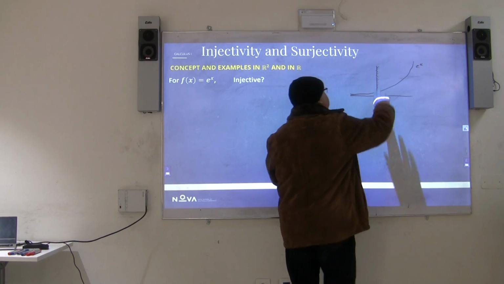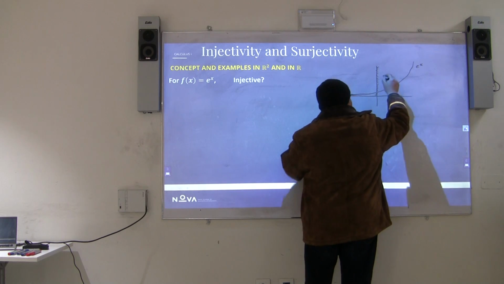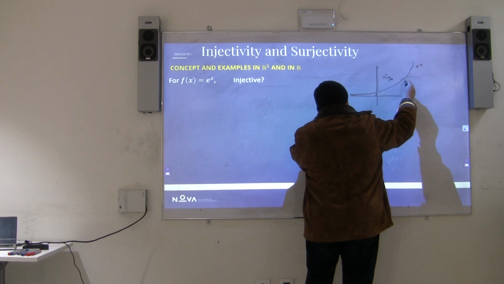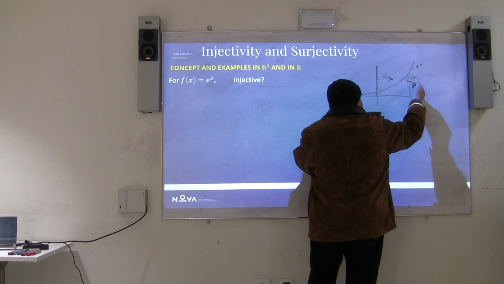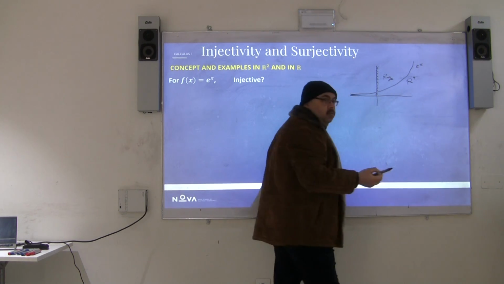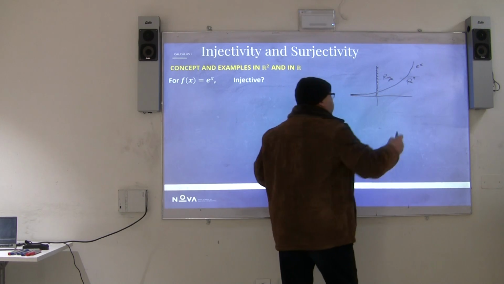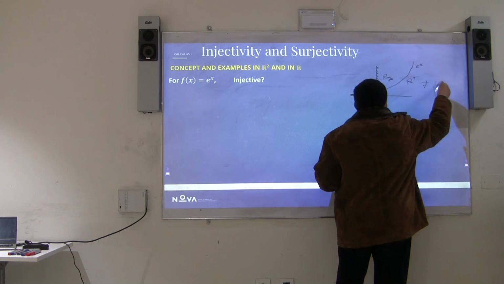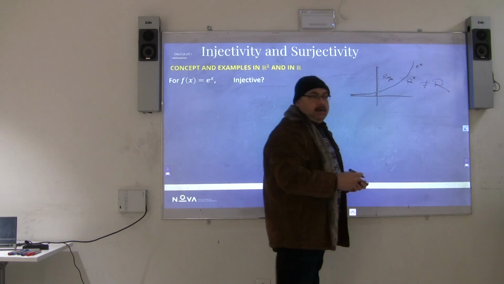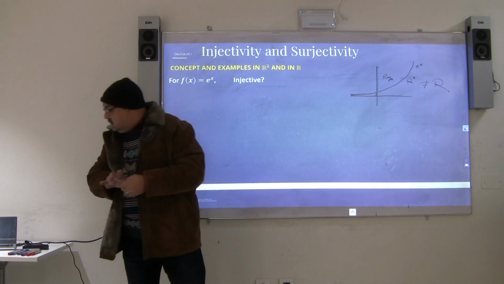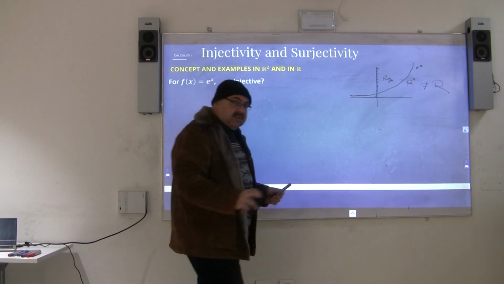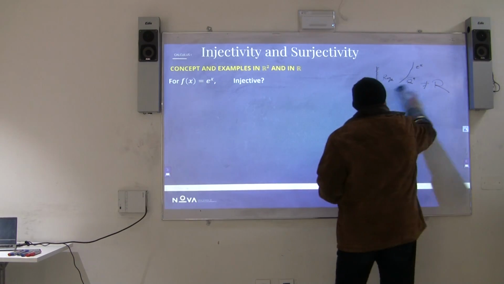Because the graph is all in front of positive R, the range is R positive, and zero you will not touch. Which is not equal to the codomain. The codomain is R. So in this case it is injective but it is not surjective.